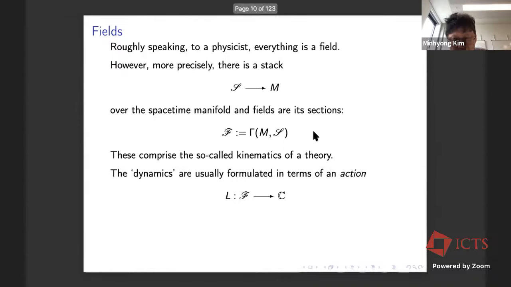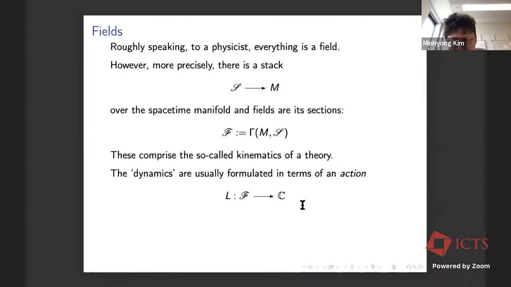So I'll give you examples in a second. But I should also mention first that the dynamics, the more interesting part of the theory, is usually formulated in terms of an action. So this is a function from the space of fields to, say, the complex numbers or the real numbers, depending on the situation.